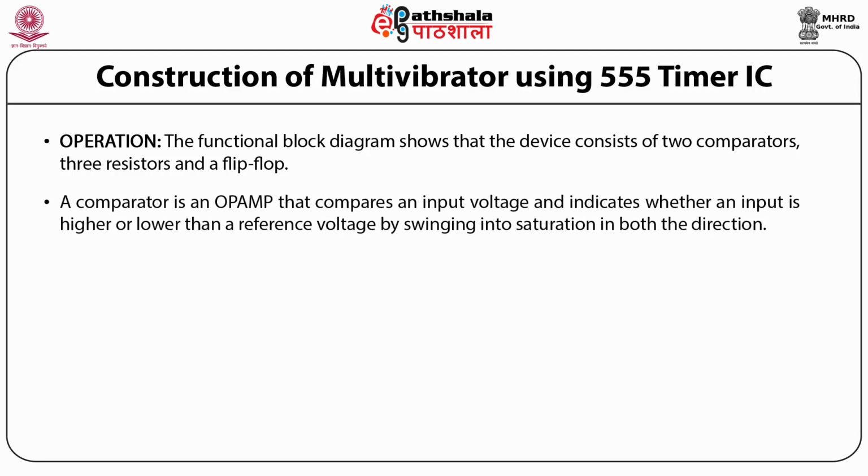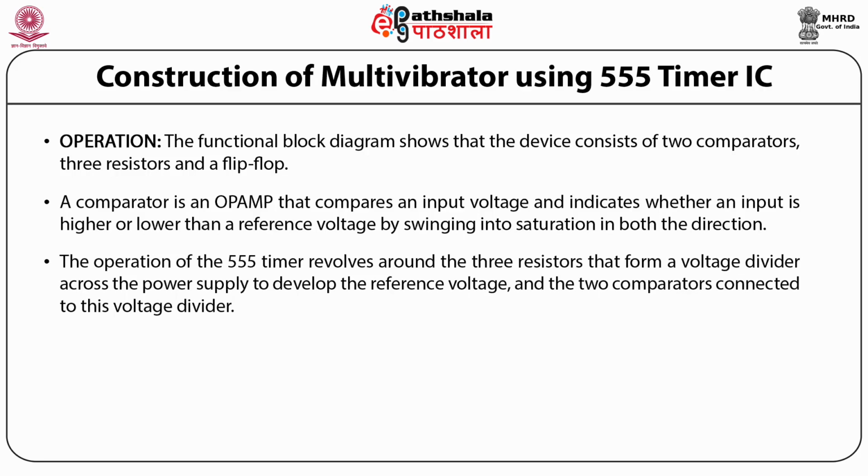A comparator is an op-amp that compares the input voltage and indicates whether the input is higher or lower than a reference voltage by swinging into saturation in both directions. The operation of the 555 timer revolves around three resistors that form a voltage divider across the power supply to develop the reference voltage, and the two comparators connected to this voltage divider.